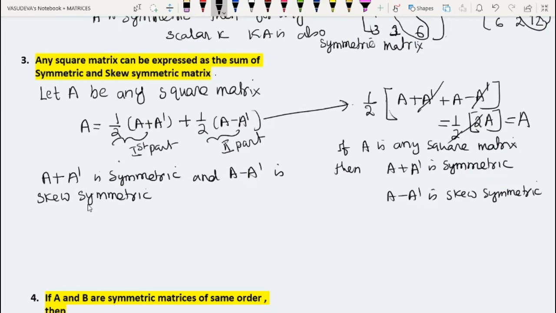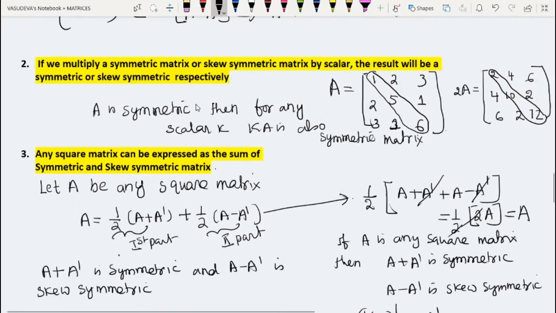So now we have seen that for any matrix, (kA)' is equal to kA'. That means when you multiply a symmetric matrix by any scalar k, kA is also symmetric.